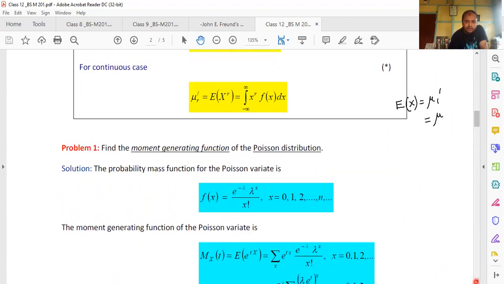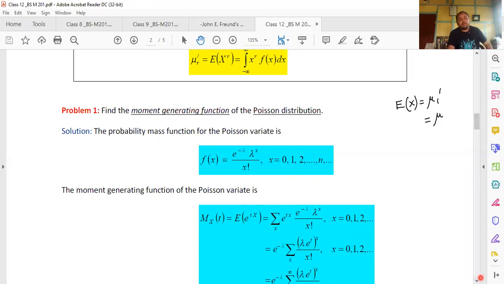Now, problem number 1, I have taken as a special case of discrete random variable the Poisson distribution, because we have already studied it, and we know that the probability mass function of Poisson variate is given by fx equal to e to the power minus lambda, lambda to the power x by x factorial, where x can take values from 0 up to infinity. You can ask me why I have taken this Poisson distribution in the first case. I have two answers.